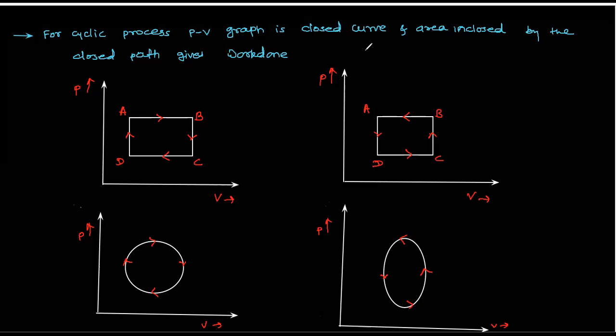So this is very important. Clockwise is positive work. This is negative. Here is positive, here is negative work. Here also negative work, and positive work.